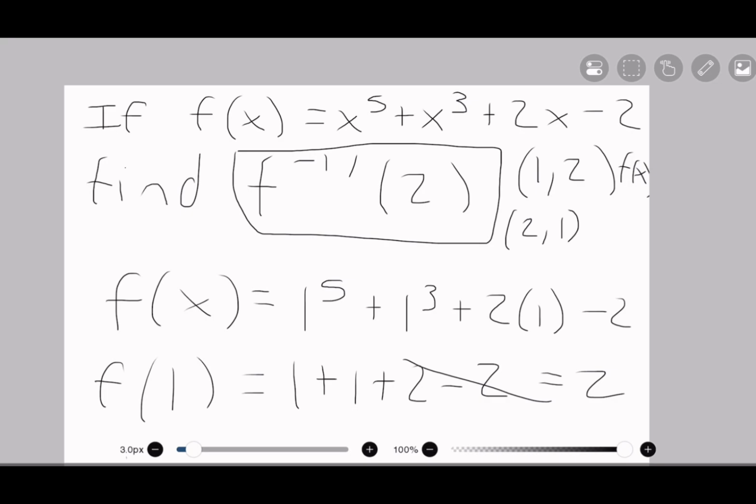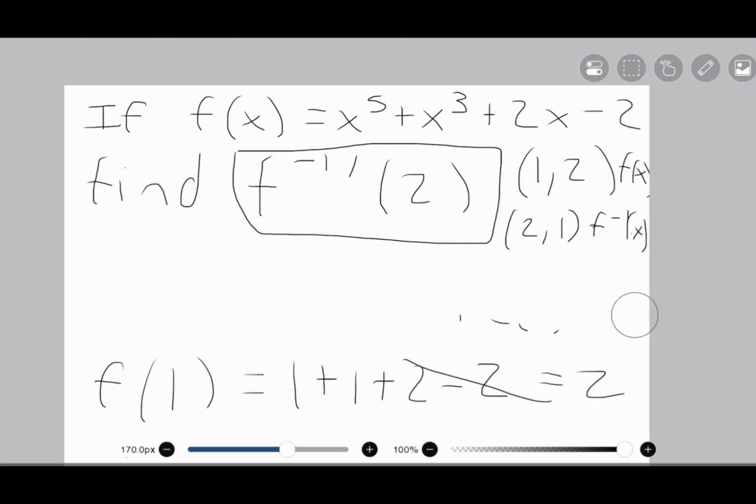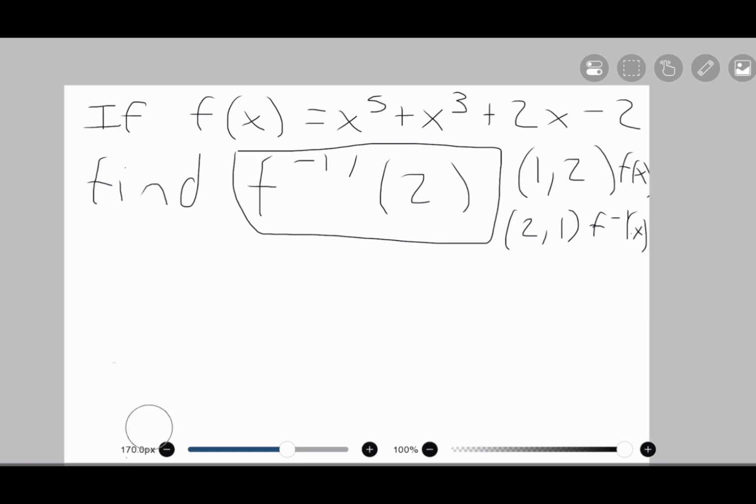This is your inverse point that you're looking at. That's the main takeaway of this: if you have the point 1, 2, the inverse of that will be 2, 1.